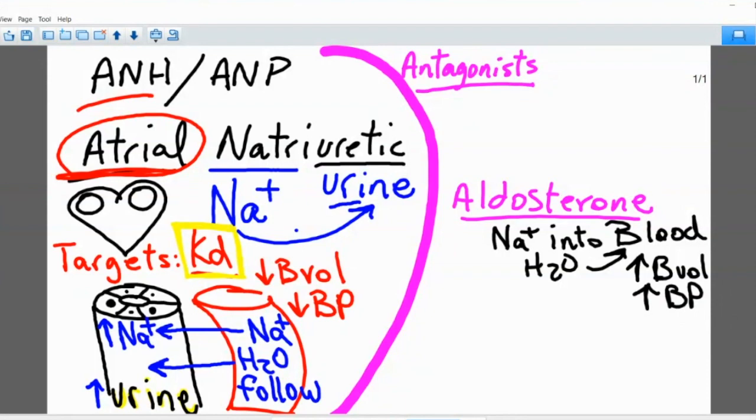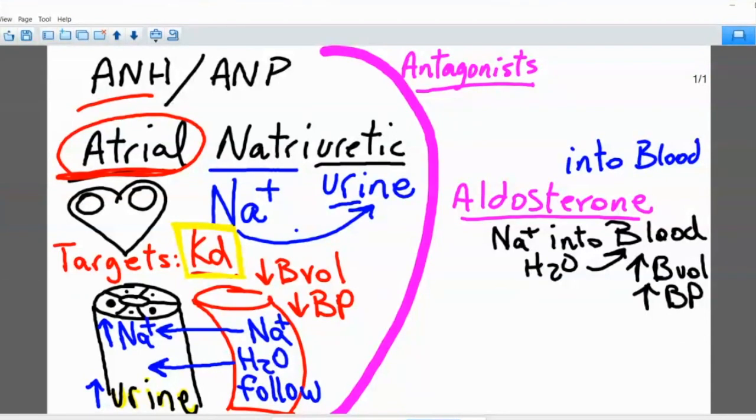Now, I'm not sure if you remember this or not, or if I even said it. So let me say it again. There is a fancy word in A&P that always means we're going to move something into the blood.